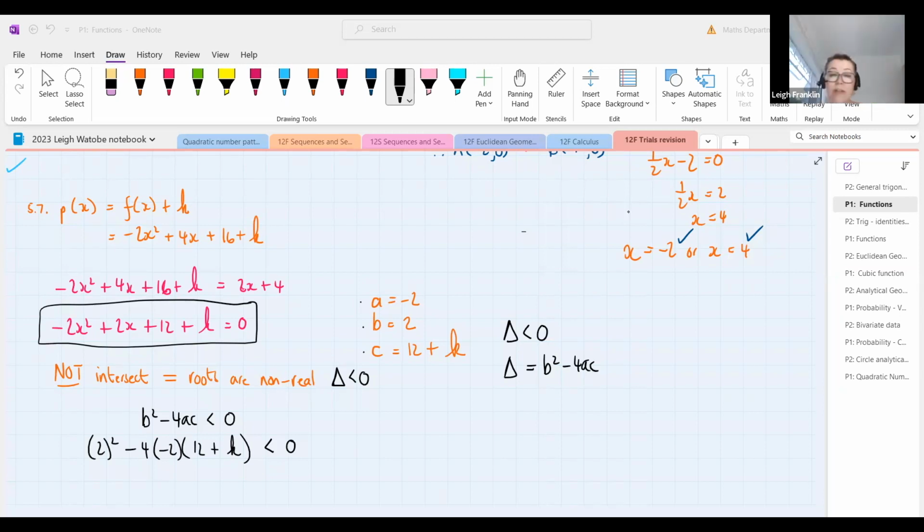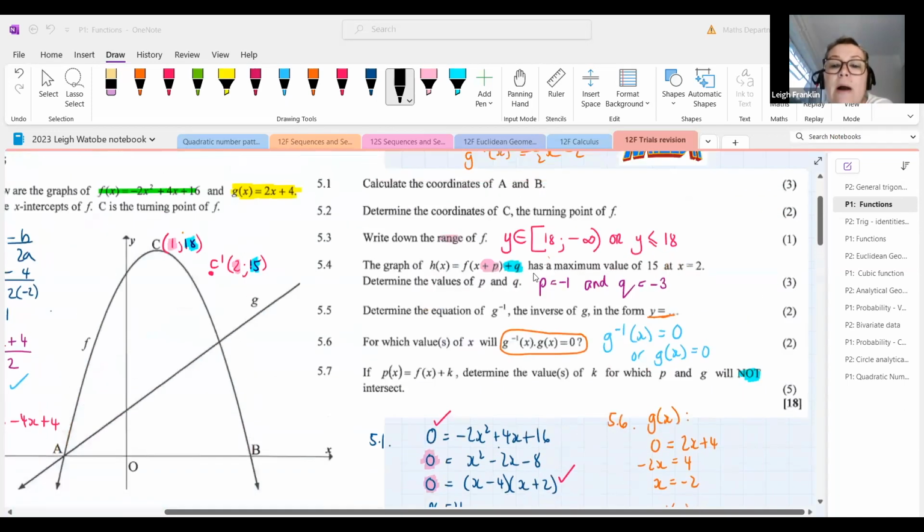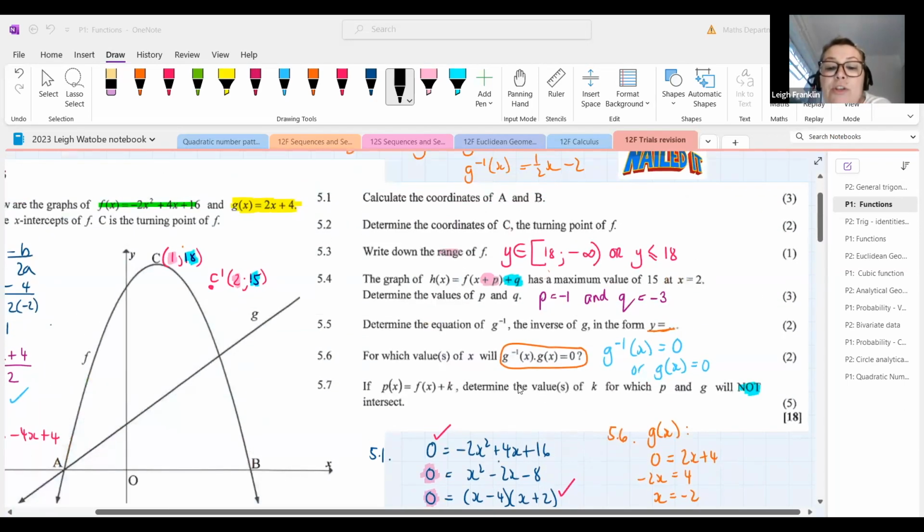And that's why it's the last question, because it's also the most difficult question that they're asking here. The clue, Lebogang, is where they say determine the values of k for which p and g will not intersect. The fact that they've made it out of 5 marks means that they want you to use algebra. It's not just a case of looking at the graph and writing down the answer.